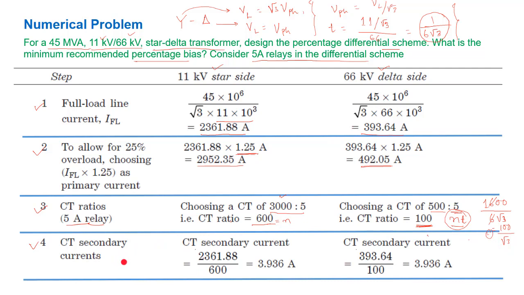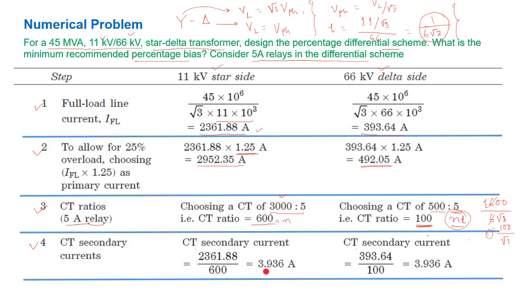Next is the CT secondary currents. Just by dividing by the CT ratios, we can find the CT secondary current. Full load current 2361.88 divided by 600 gives around 3.936 ampere under full load condition.